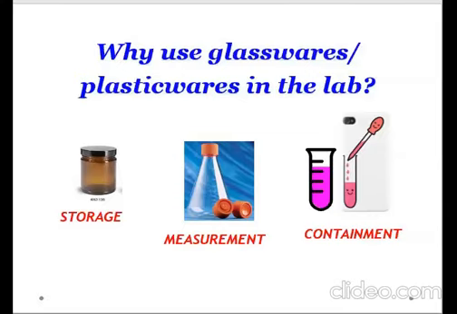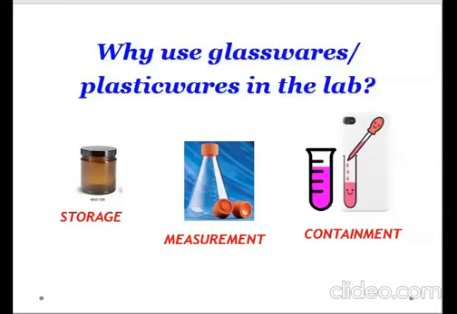And the third main reason why we use glasswares or plasticwares in the laboratory is for containment. When we are performing actual experiments, we need something where we can temporarily place our chemicals or reagents, like test tubes and wash bottles.